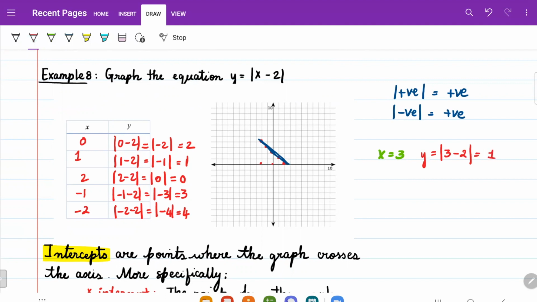So at x equals 3 here, we have y is 1. So you see that it's like a V here, and it keeps going that way.